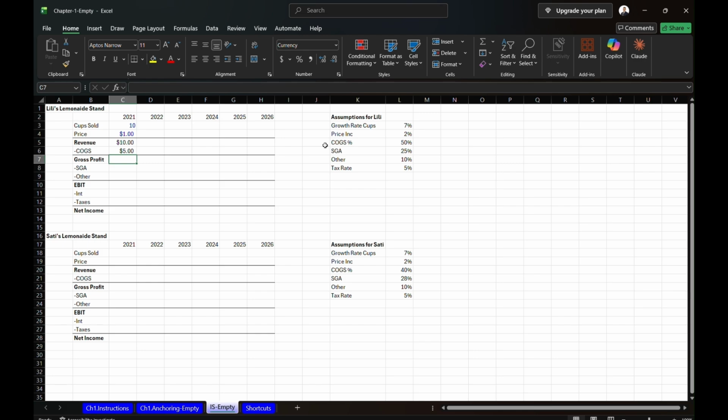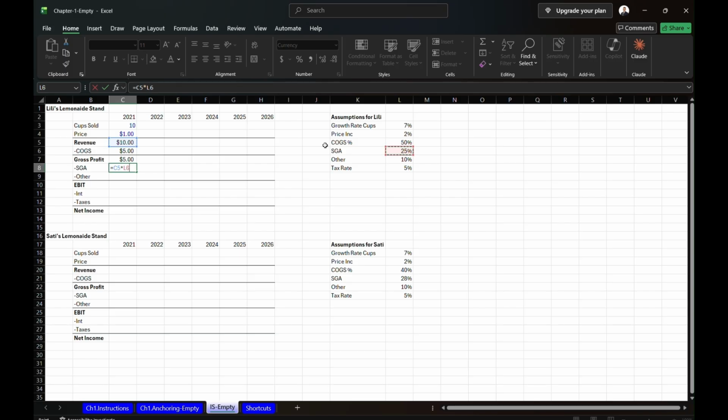So now gross profit, we do equals, and of course is our revenue, and then minus our cost of goods sold, enter. And now, like I said before, our SG&A and our other is percentage of sales. So I'm going to do equals, back arrow up to the revenue, and then multiply by, of course, our SG&A percentage, 25%.